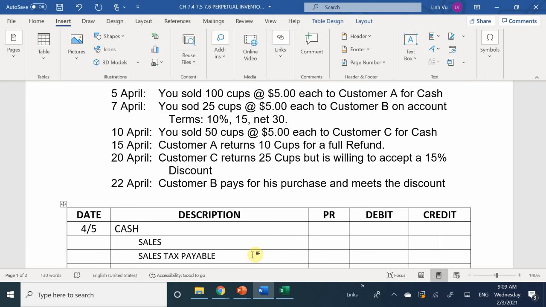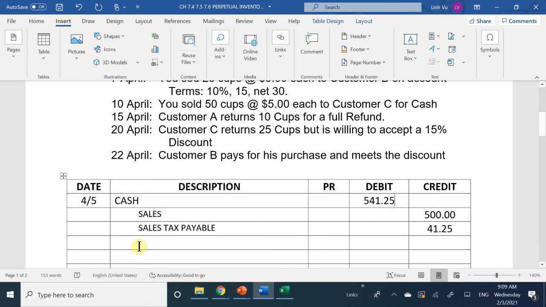What are those amounts? $500 for sales, and $41.25 for sales tax. So what is my total cash I should be receiving? $541.25. Okay, good.